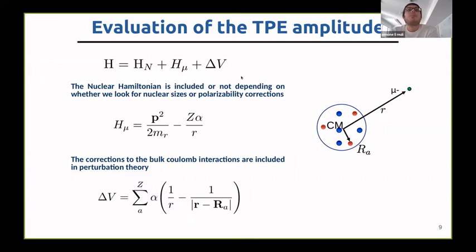And this one at the top will be our total Hamiltonian, where Hn is the nuclear Hamiltonian, which is included or not, depending on whether we want to look for nuclear finite size effects or polarizability corrections. In the literature, these are sometimes known as elastic and inelastic contributions, respectively. But since in this talk we want to look for polarizability corrections, we will include this part of the Hamiltonian in our equations.